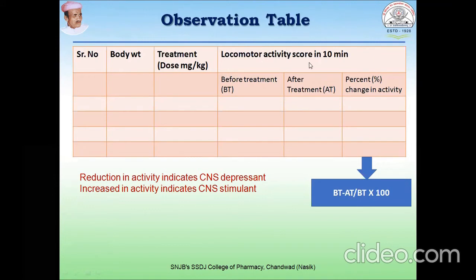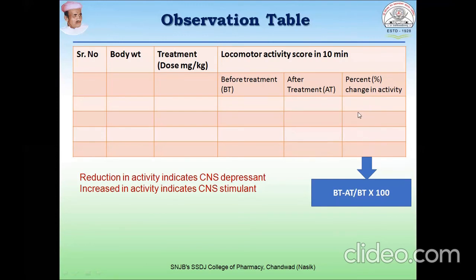Then locomotor activity score in 10 minutes: before treatment, what was the score, and after treatment, what was the score. From these two readings, you can calculate the percent change in activity by the following equation: before treatment minus after treatment, divided by before treatment, into 100, gives the percent change in activity.